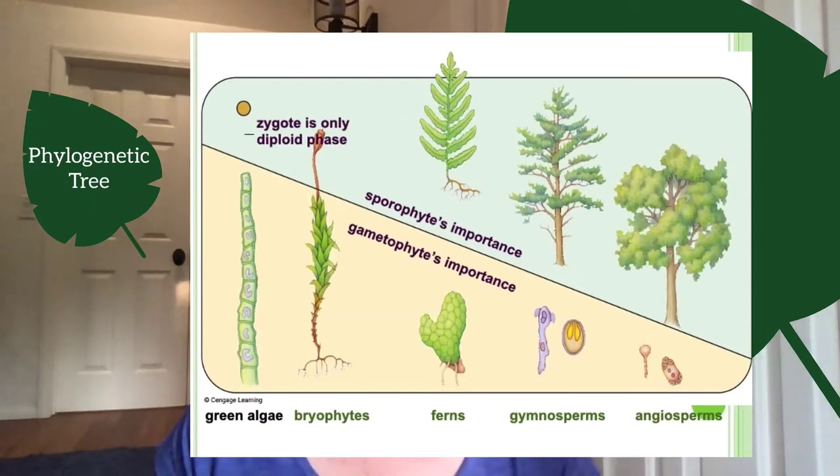The term importance is really referring to its contribution to the overall life cycle, how long it's staying in that life cycle, and if one is dependent on the other. You can see the yellow portion of this picture: the gametophyte importance is getting smaller and smaller. The gametophyte stage is trending downward. It's becoming reduced over time, and the sporophyte stage is actually becoming the main portion of the life cycle.